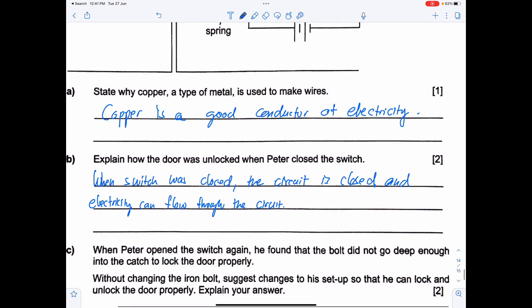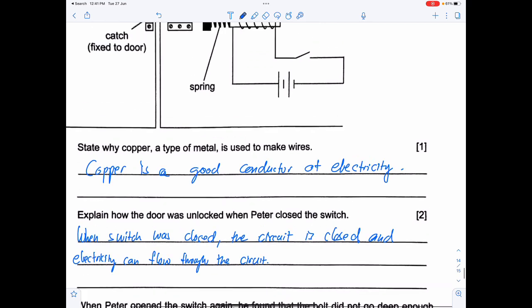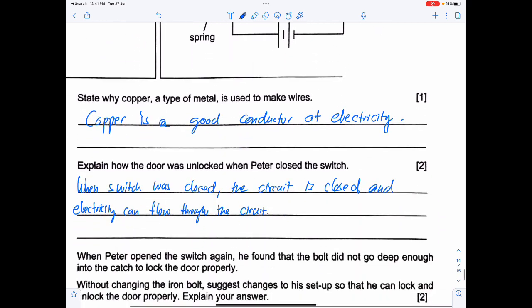Then after that, you would say that metal cylinder, correct? This metal cylinder becomes an electromagnet and attracts the iron bolt.